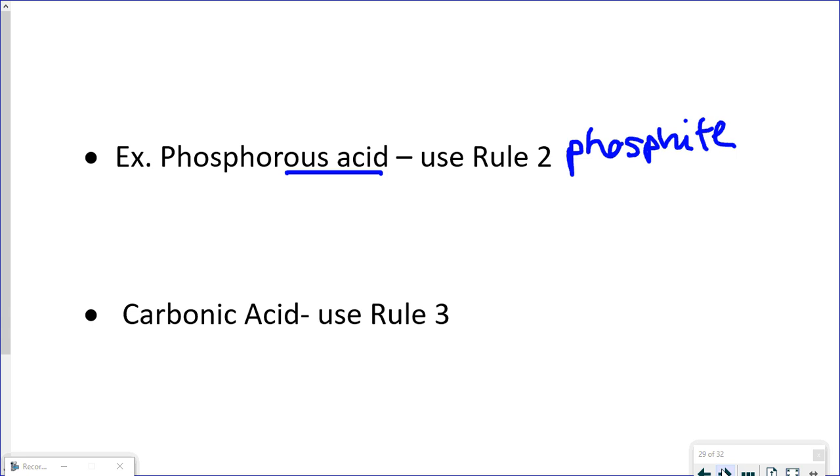The formula for phosphite is PO3 with a -3 charge. Since it is an acid, it starts with H, which has a positive charge. So this will end up being H3PO3.